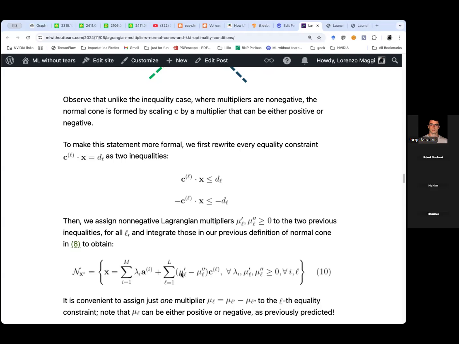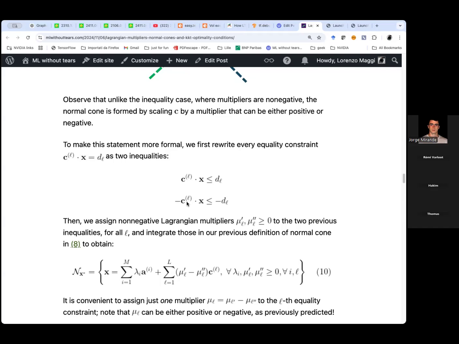But Lorenzo? At this moment, yes, please. Sorry to interrupt you, but just before, your 2 inequalities are actually the same, I guess that there is an extra minus sign. Because if you want C dot x equal to d, the first inequality is correct. The second one should have only a single minus sign.